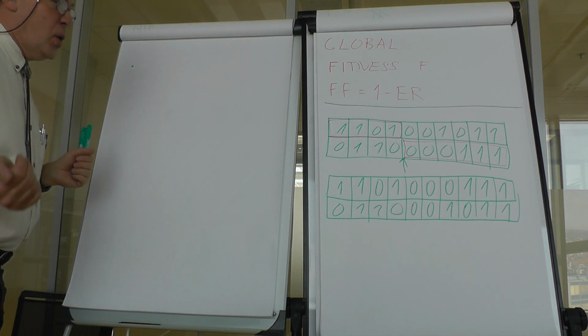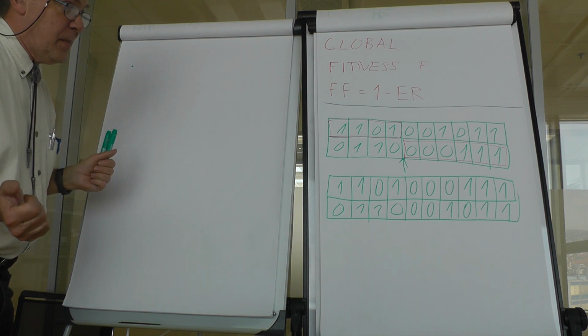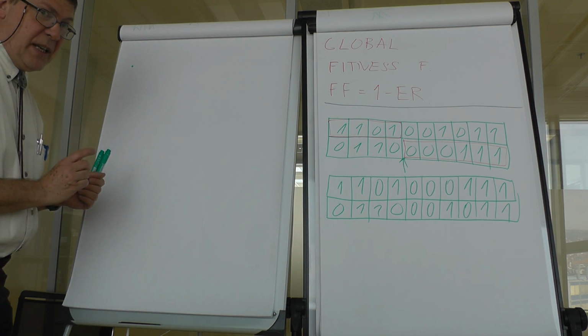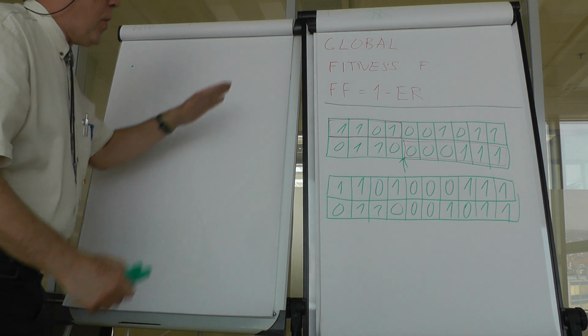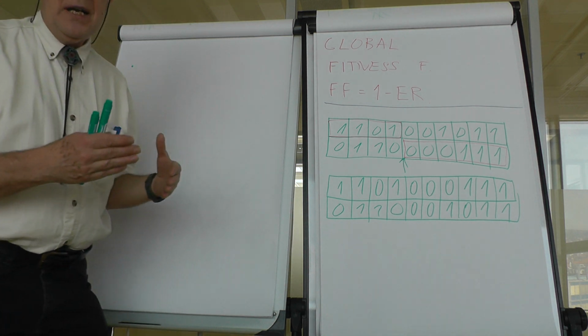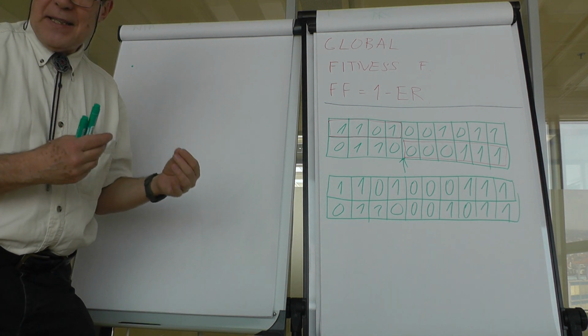Now I will show you this algorithm with application to electric circuits. So far we have been speaking about optimization which had at the beginning a fixed number of variables.